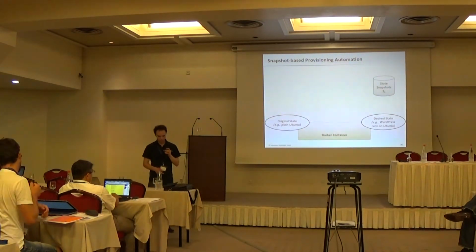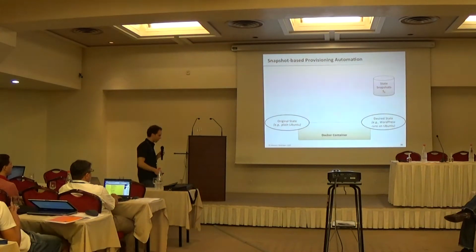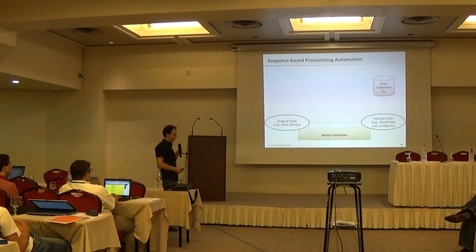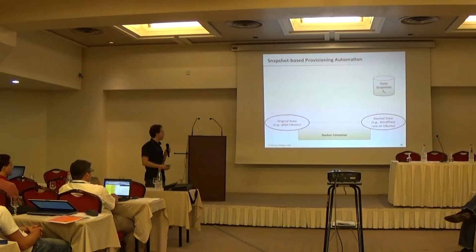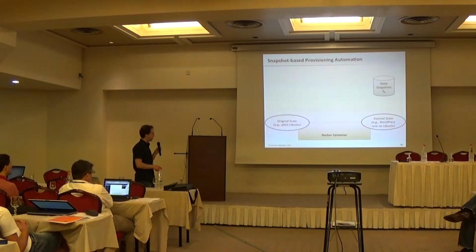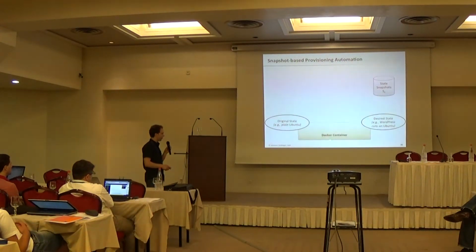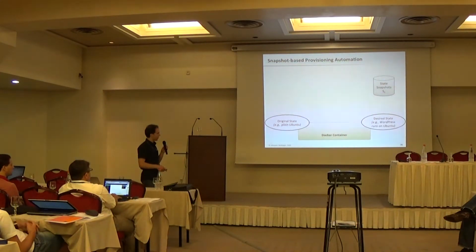I introduced the approach of convergent deployment automation, provisioning automation before, that is implemented, for example, by Chef, and now we have a look at snapshot-based provisioning automation. The setting is very similar. You have an original state that you want to transform a resource, in this case a Docker container, into a desired state.